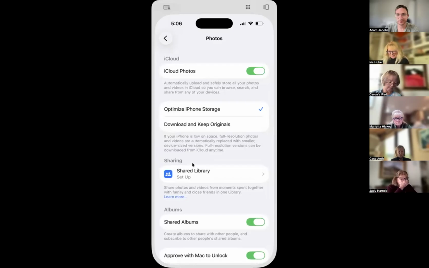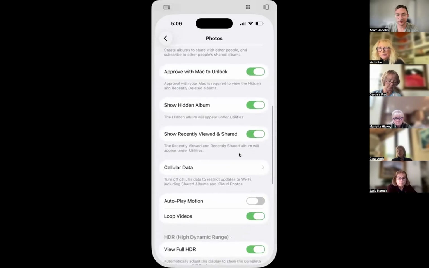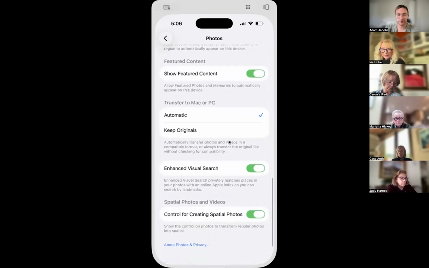And just while we're here, I would turn this off for those of you who have it. If you scroll all the way down to the bottom, it says transfer to Mac or PC. Put it on automatic, don't do keep originals. It's going to try to send massive pictures of your receipts to your computer.